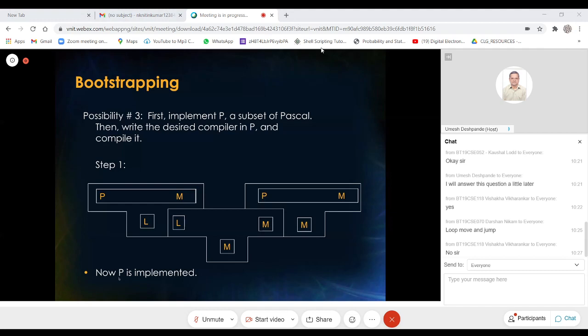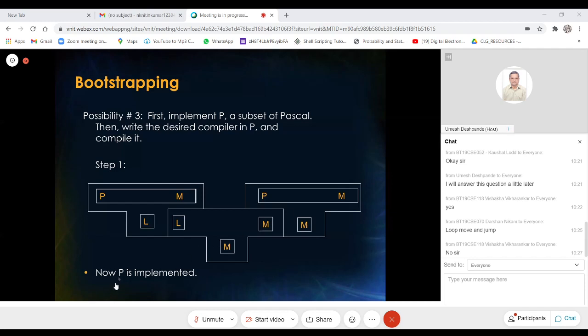Now we can write the translator for P dash, okay, in P itself, instead of using L. And since P is closer to the facilities that are provided in the Pascal programming language, this particular translator might be easier for us to write.